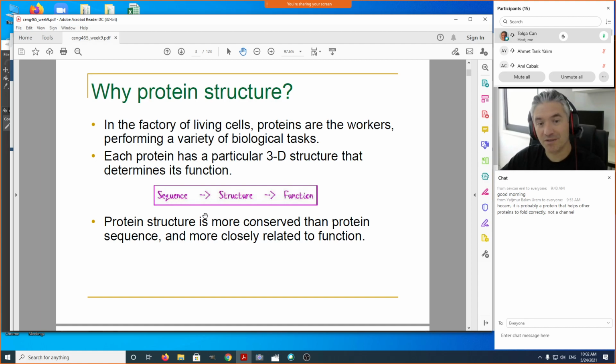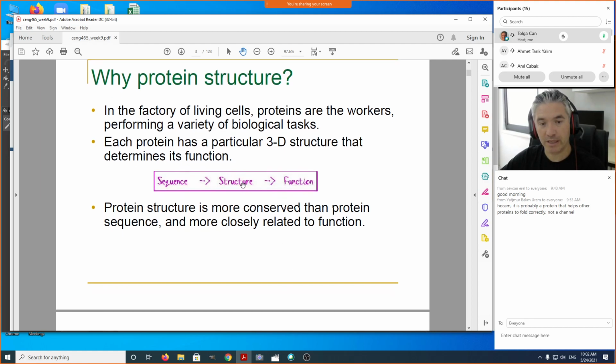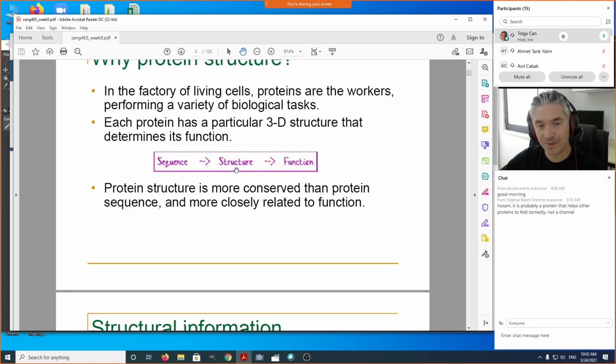So structure is more conserved than sequence, meaning that multiple different sequences may come up with the same structure. Structure is more closely related to the function. The geometric structure is not the only thing, since the physicochemical properties of those amino acids are also important, which means that sequence also plays some importance here.